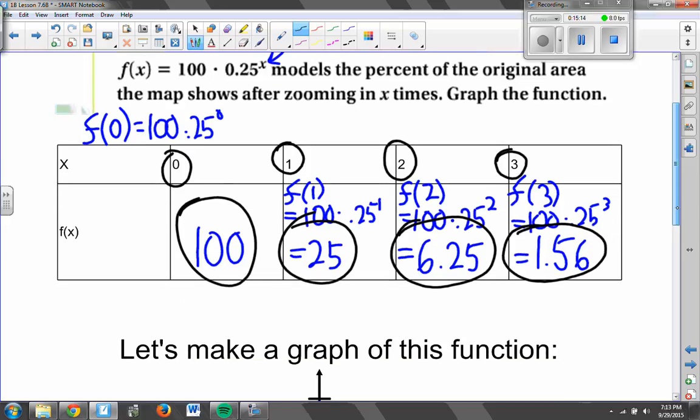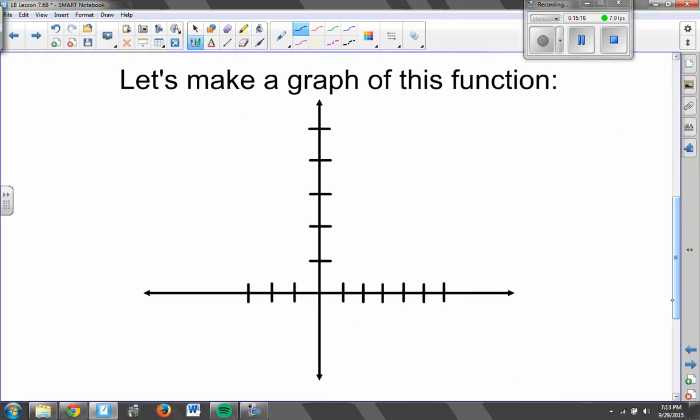So we're going to take those 4 points, and we're going to plot them on this graph. I'm going to make this go up by 20s, 20, 40, 60, 80, 100. And I know that x equals 1 there, 2 there, 3 there, and I don't need to go any further than that.